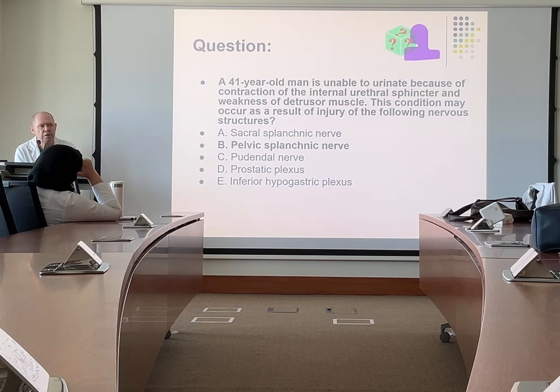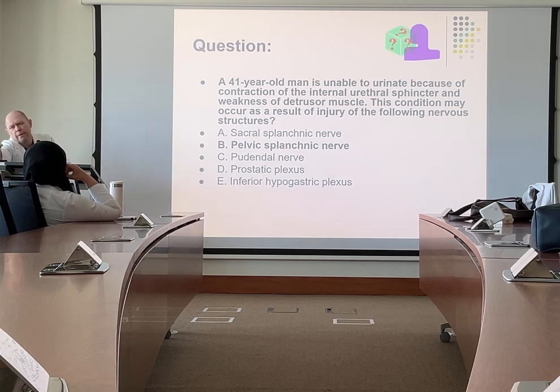But tell me, if we cut the pelvic splanchnic nerves, which is the parasympathetic, correct? So why exactly will the internal urethral sphincter be constricted? Constricted means not relaxed. We cut off the nerve, but the sphincter is constricted. Why? Because of sympathetic, right?